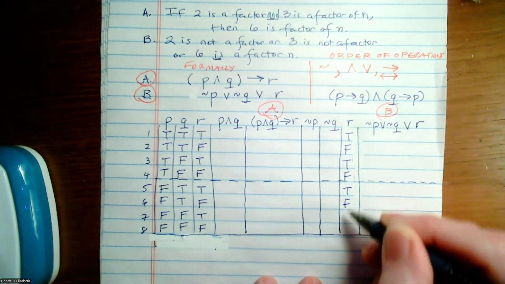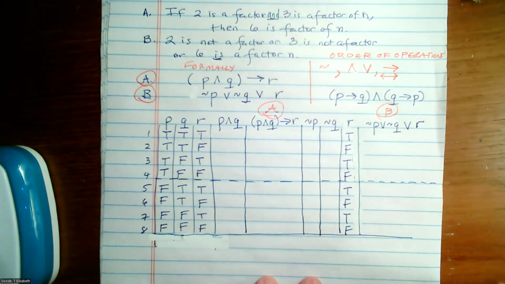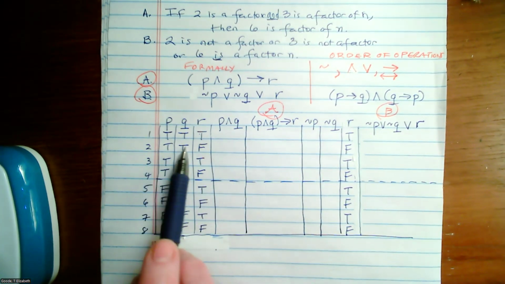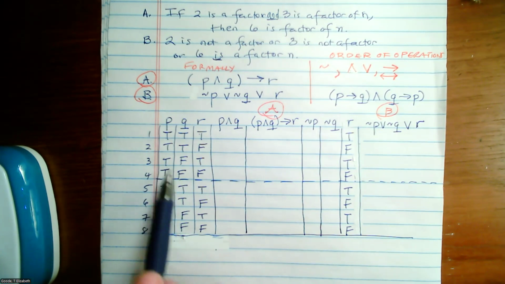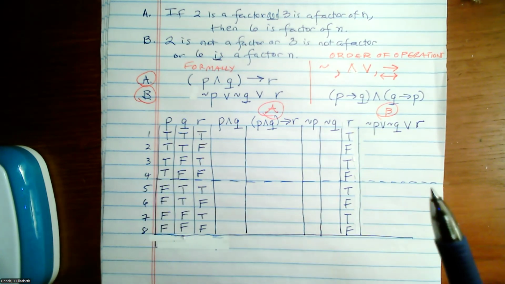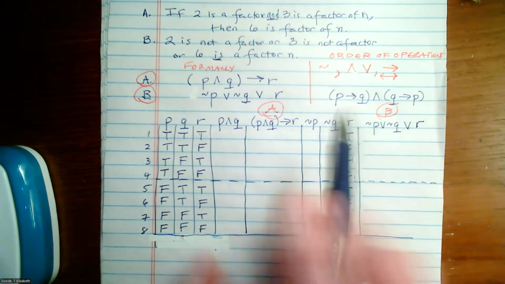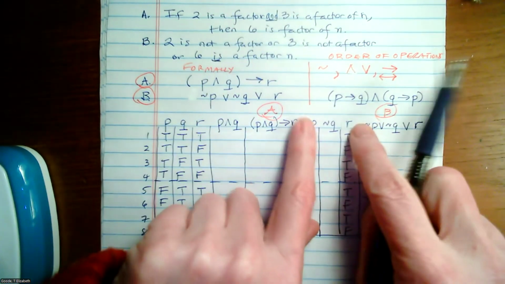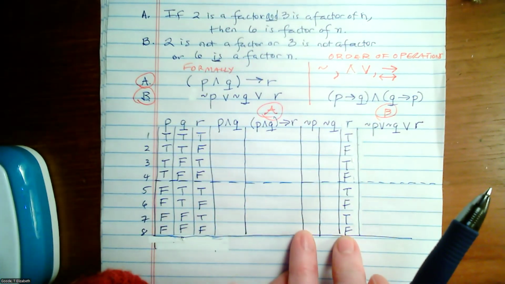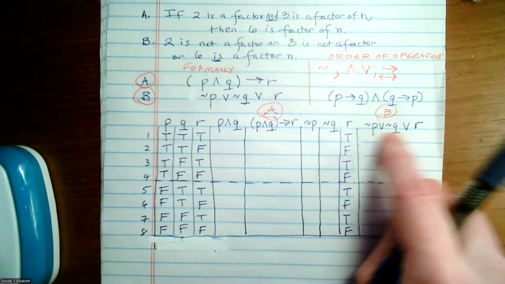It doesn't hurt to write a column twice. You don't want to ever write a row twice, because if you wrote true, true, false here, and then you wrote true, true, false again, you'd be missing one of the rows. But it doesn't hurt to repeat a column just so we have these three really close together so we can easily evaluate them ORed together.